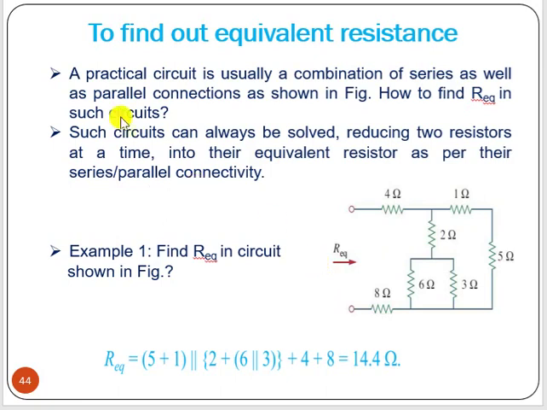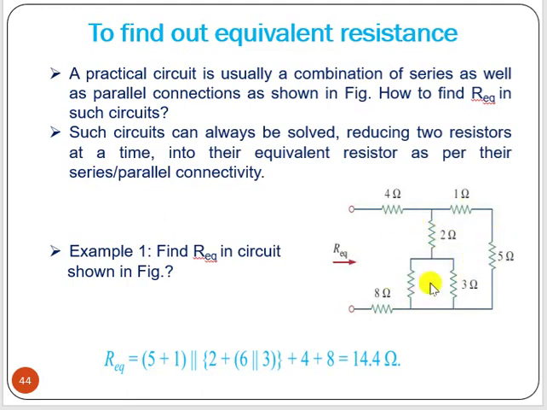Okay. Now say we want to find the equivalent resistance between these two points. We can see that this 5 ohm and this 1 ohm resistance are in series, so 5 plus 1, 6, in parallel with these two, which are in series.